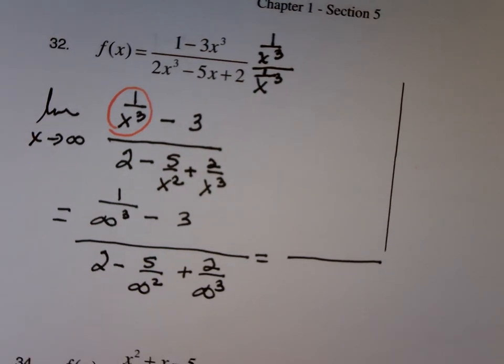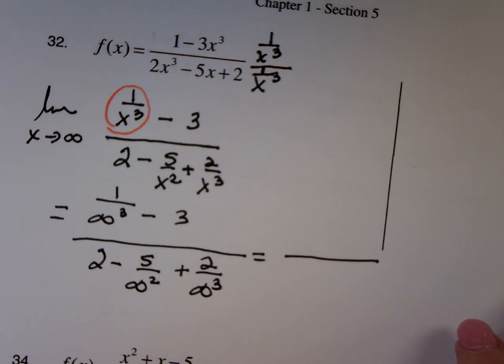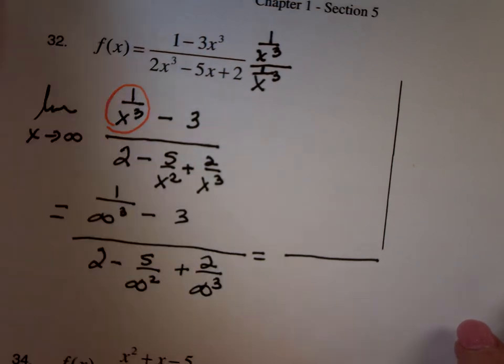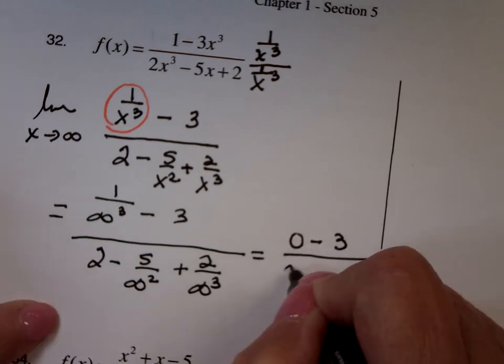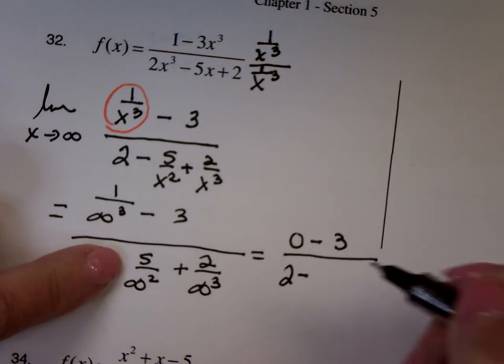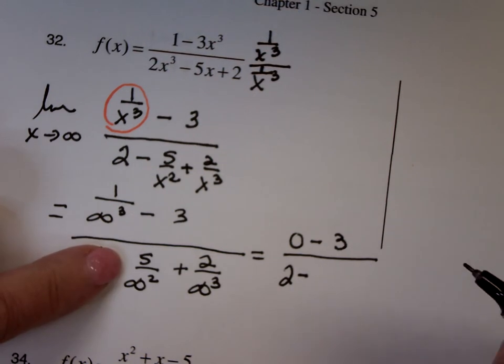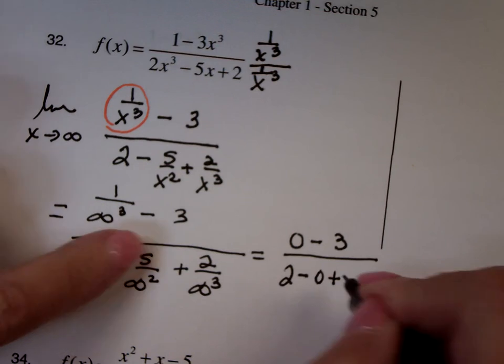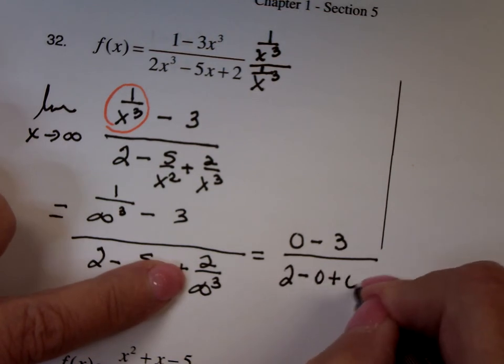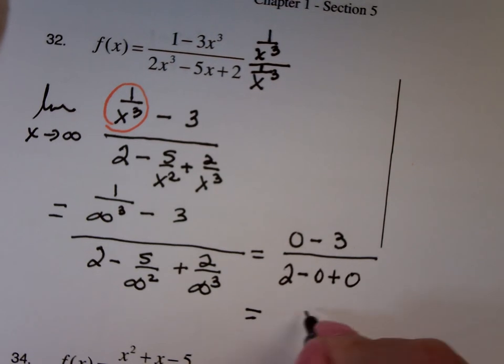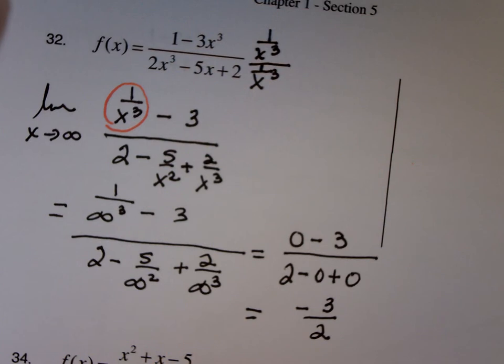What's 1 over infinity cubed? Constant divided by infinity is always 0. 2 minus, what's 5 over infinity squared? 0. What's 3 over infinity cubed? 0. And I'm going to come down with a negative 3 divided by 2. That's his limit. Negative 3 halves.